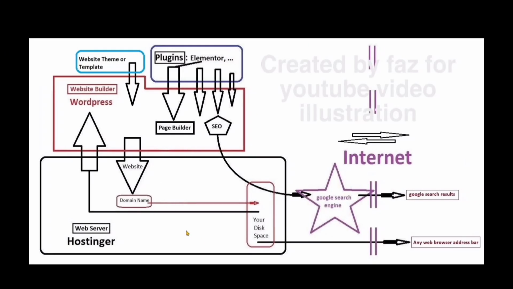In the last video I showed you this diagram as I made it for this YouTube video illustration about the components and departments involved in this project, and we already did the foundation of hosting a web server.